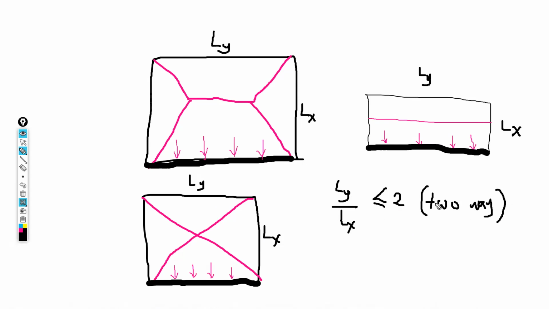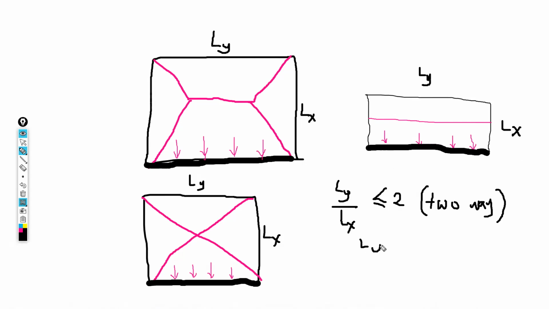And for two-way spanning slabs, the load distribution is going to be in the form of shapes: triangles if the panel is a square, and then trapezoidal and triangular if it is rectangular, but rectangular in a way that it doesn't give you a ratio greater than 2, which would make it a one-way spanning slab. Like for example, this part here, this is a one-way spanning slab.